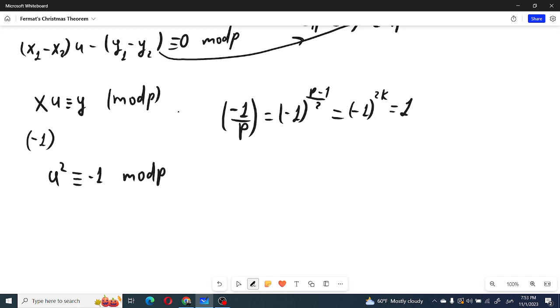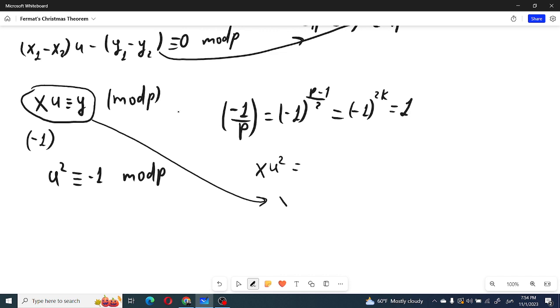Now let's discuss this u and x and y. If we multiply both sides by x, nothing will be changed. So xu squared must be equal to negative x. Now let's take this equation xu equals y squared, so we get x squared u squared must be equal to y squared mod p.